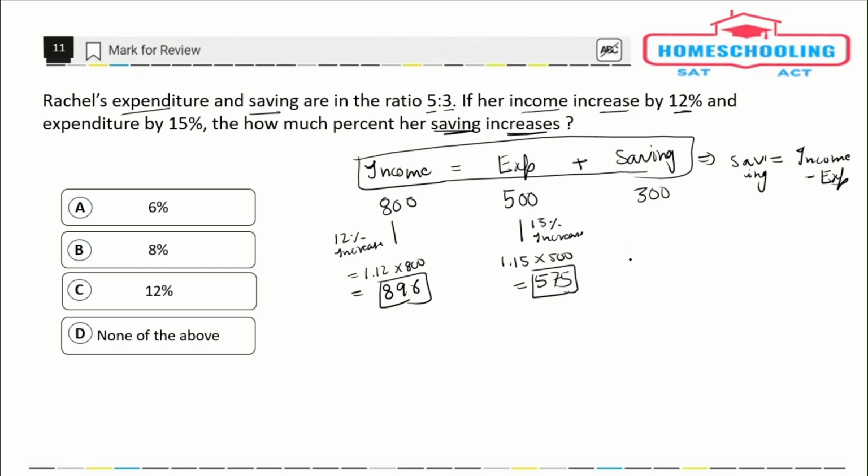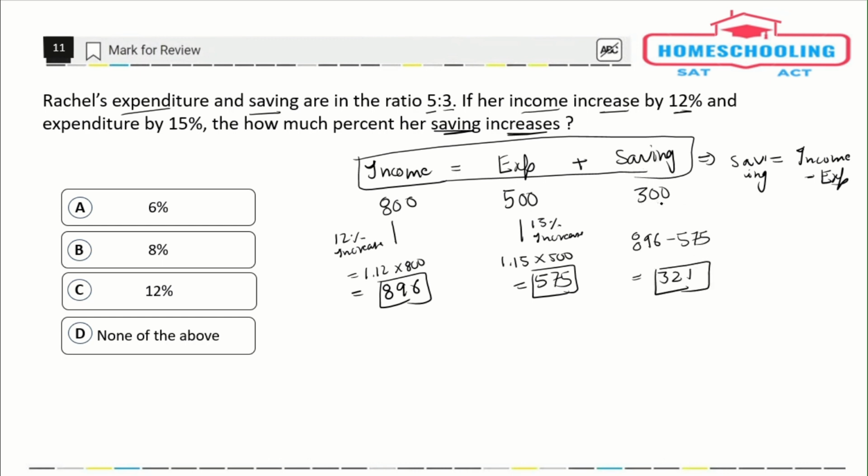So that would be 896 minus 575. That would be 321.